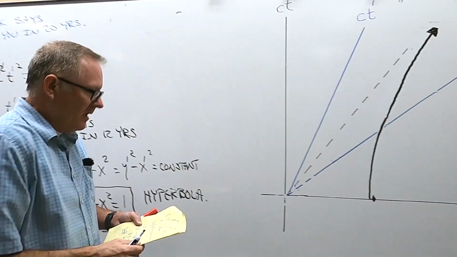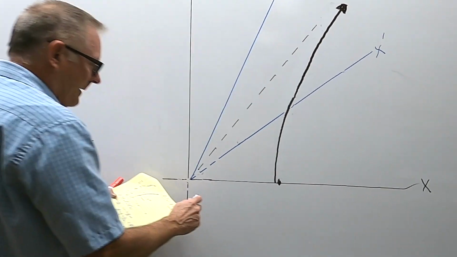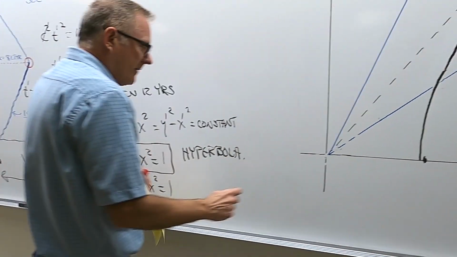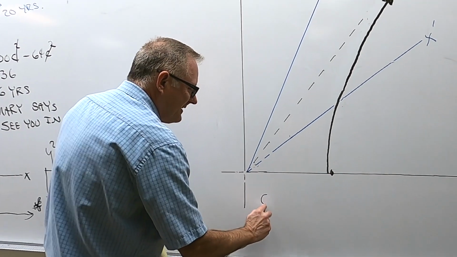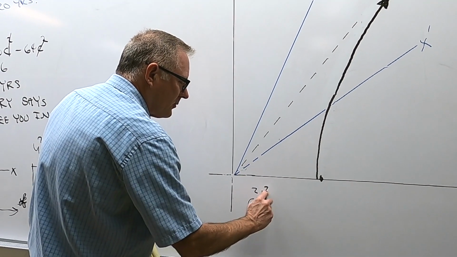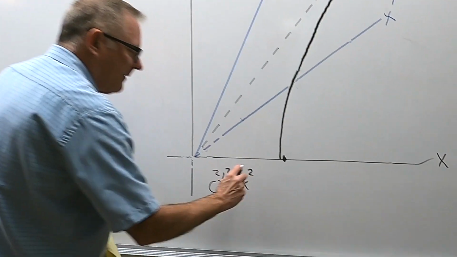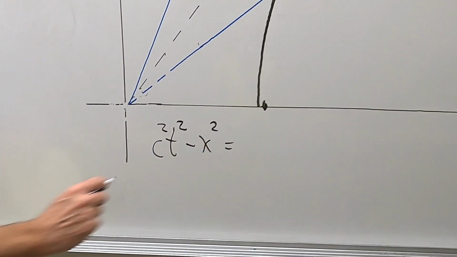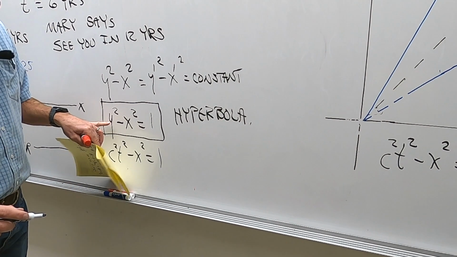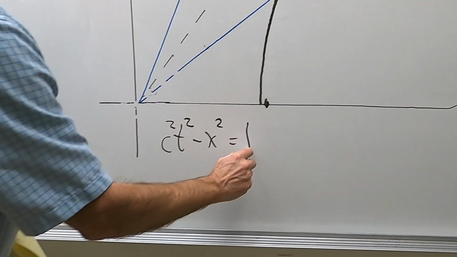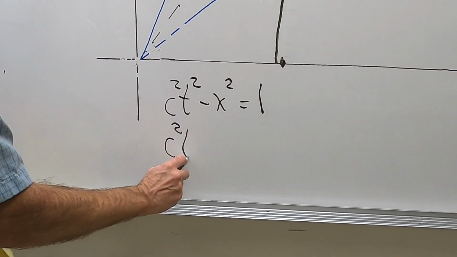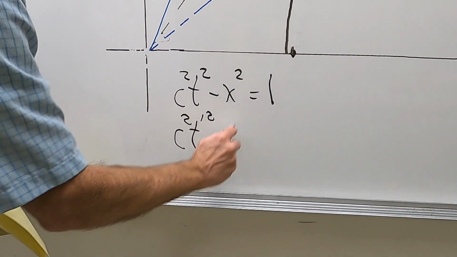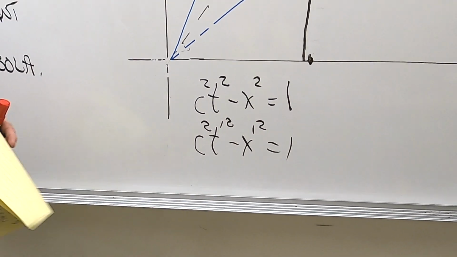We've got c squared t squared minus x squared equals, well, we're going to use 1 now, because there's my y, equals 1. And we also have c squared t prime squared minus x prime squared equals 1.